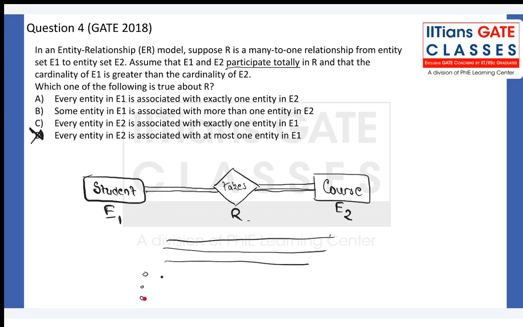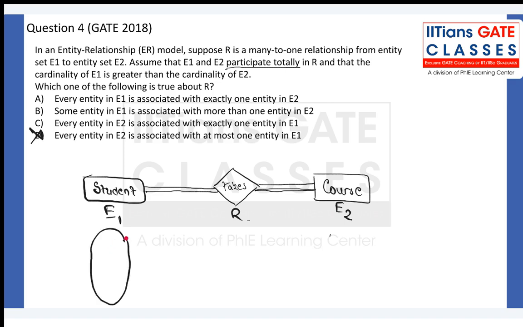So let's think of it like a set. E1 has some entities in it, and E2 also has some entities in it, and the cardinality of E1 is greater. So let's say it has only these four. It says every entity in E2 is associated with exactly one entity of E1. Let's say the mapping is like this.